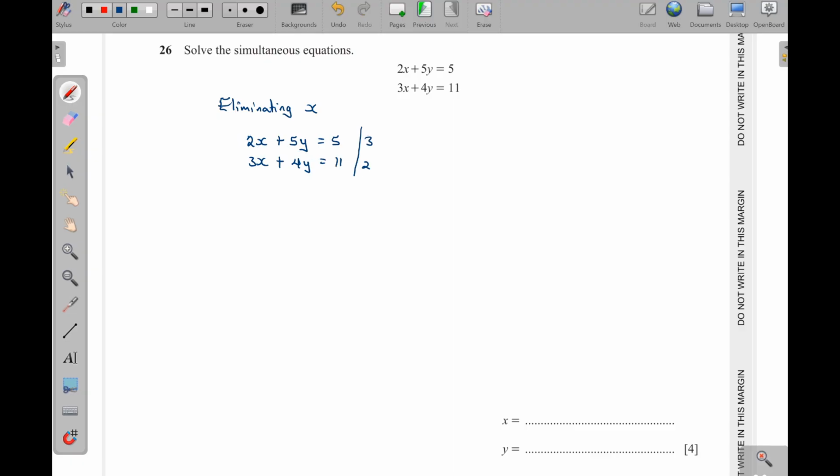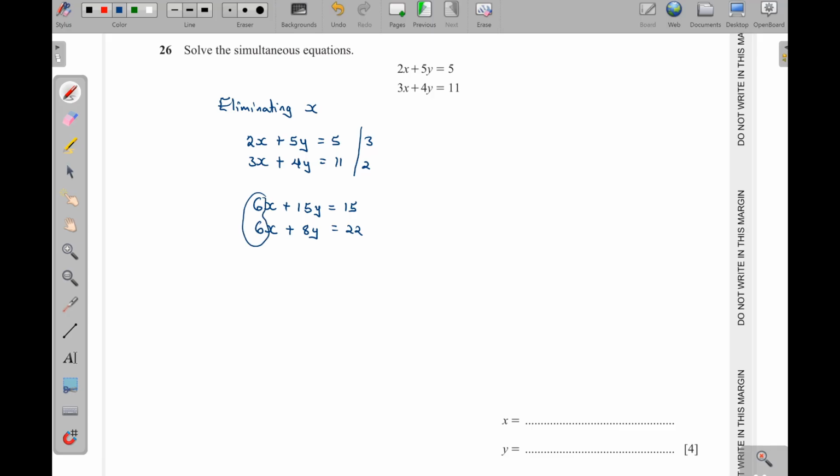The reason we are doing so is that when we multiply all through, I'll have the coefficients of x being the same. So this is 6x. This will be 15y, because 5 times 3 is 15, right? And this will also be 15. Then multiply here everything by 2. You get 6x plus 8y, which is equal to 22.